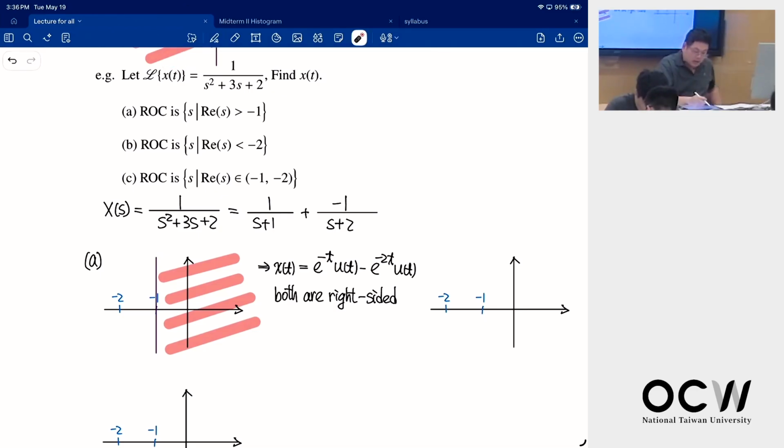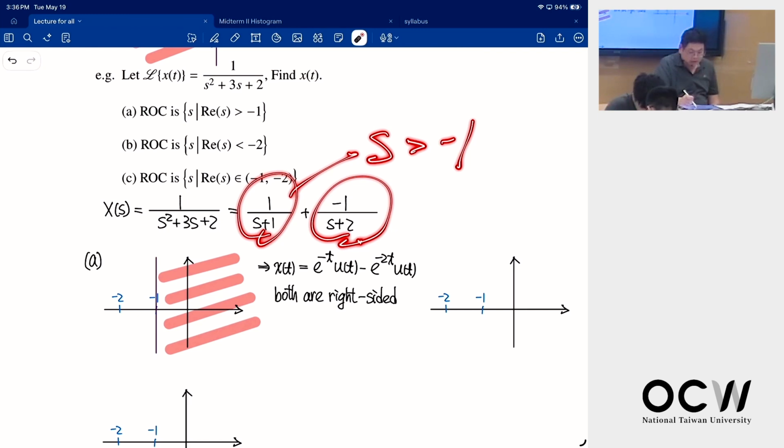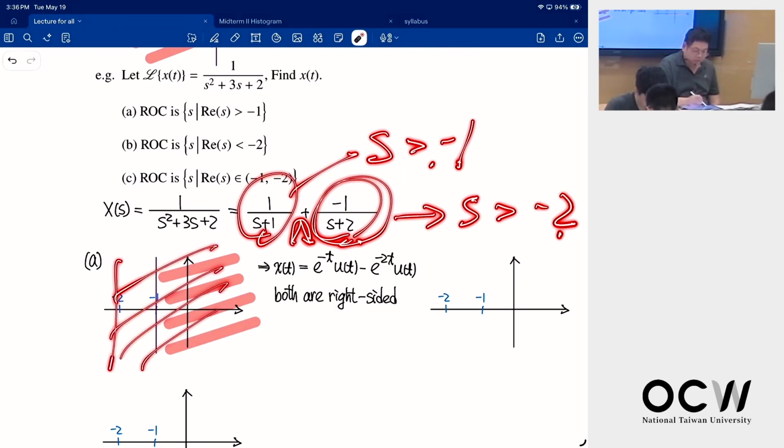This is the overall, right? The overall region of convergence should be greater than minus 1. S should be greater than minus 1, and we need these two to intersect. Both should be greater than minus 1. That means this should be greater than minus 2. Correct? So overall, the intersection is that S should be greater than minus 1.